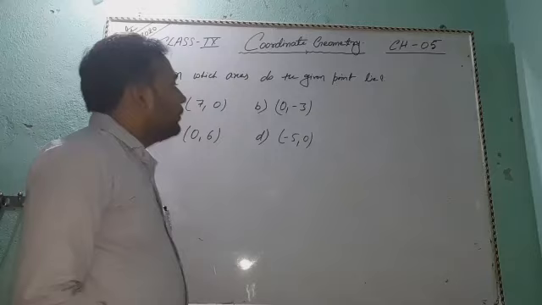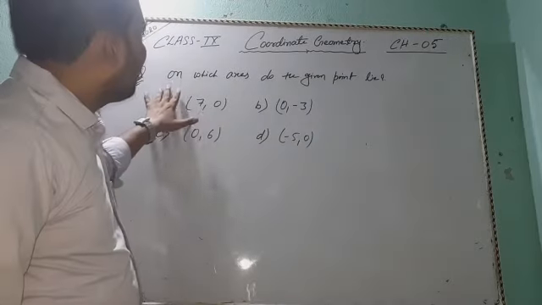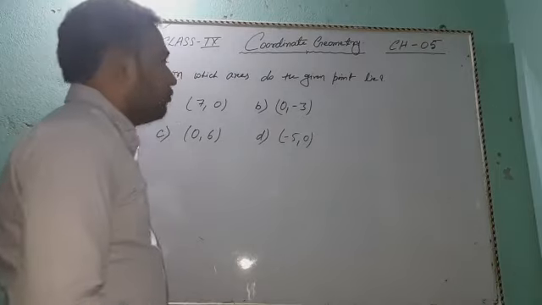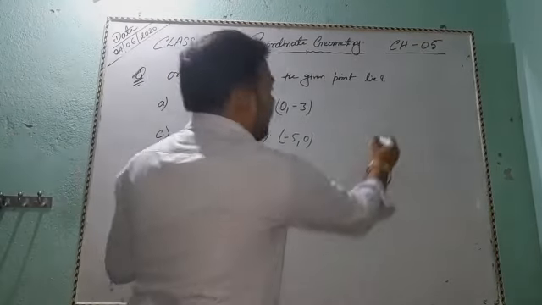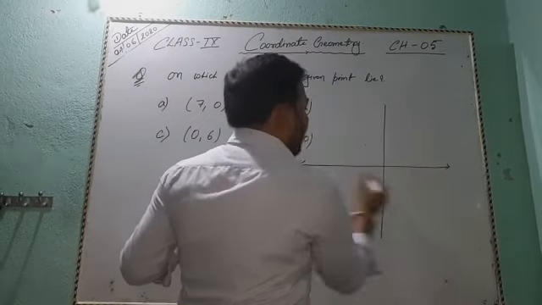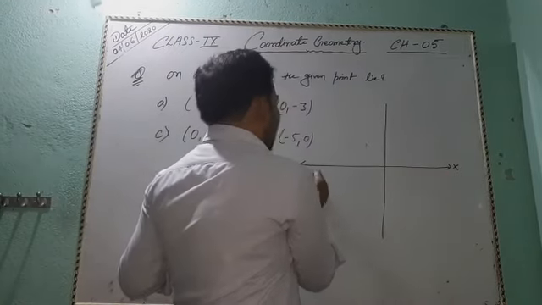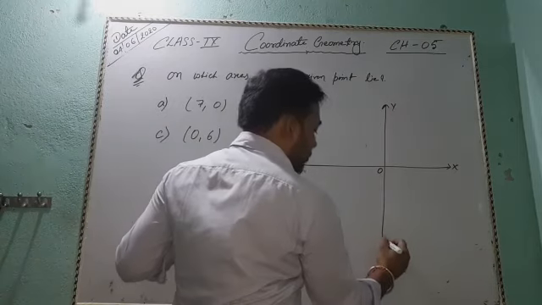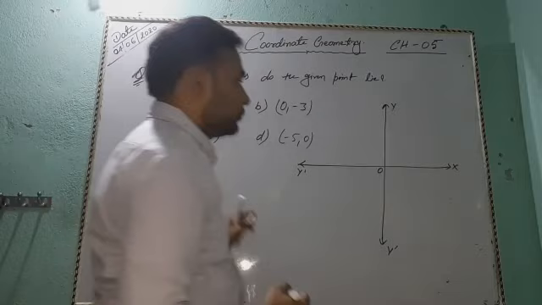Students, we discuss a question: on which axis does the given point lie? First of all, we draw the diagram of the coordinate axes, X, X dash, Y, O, Y dash.